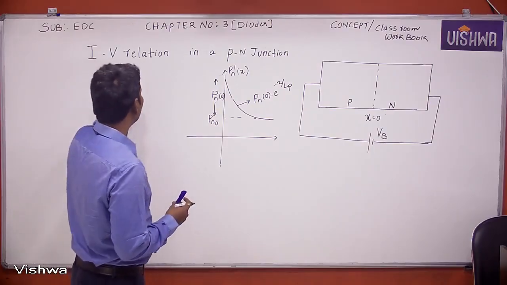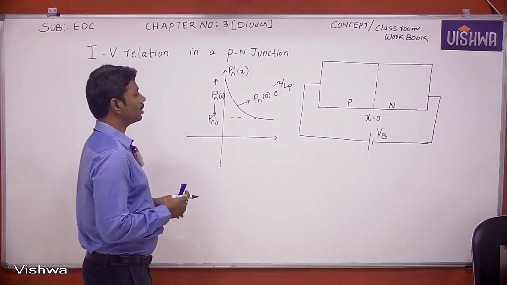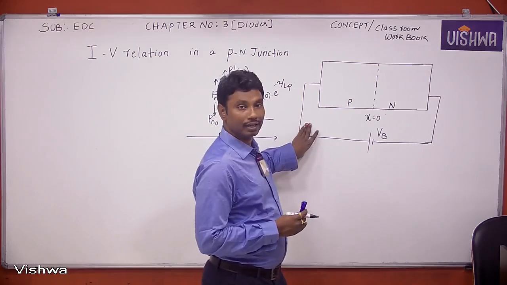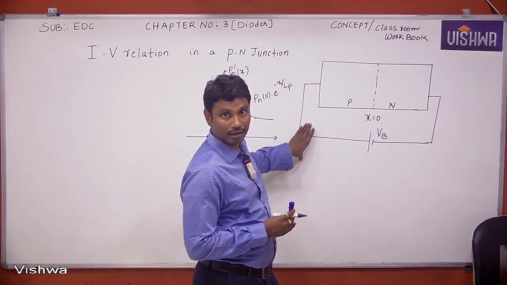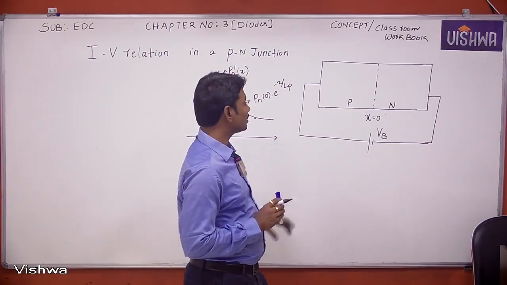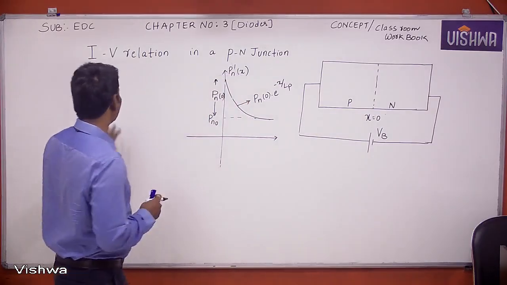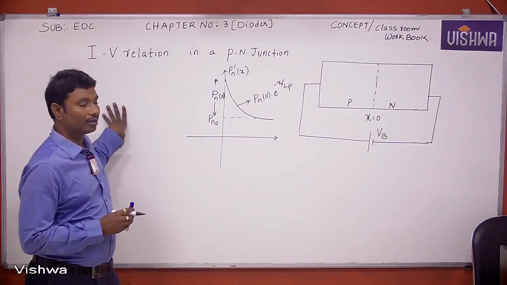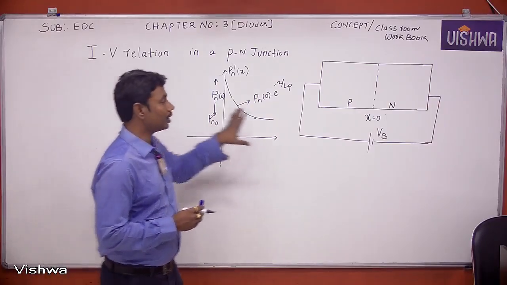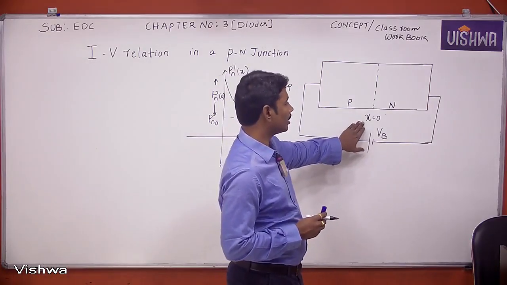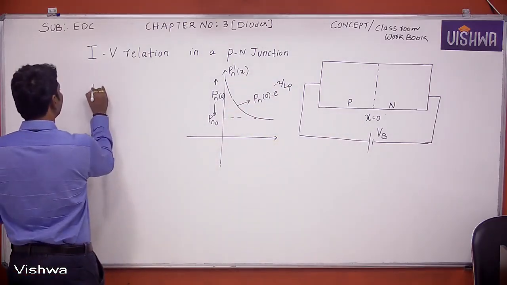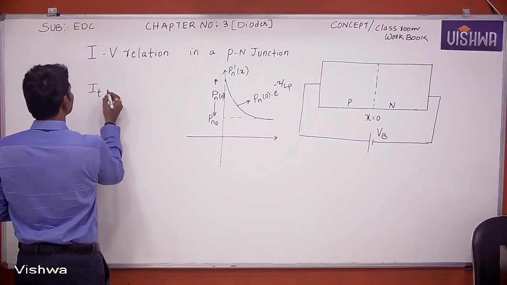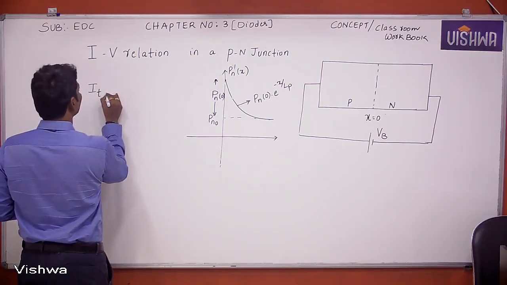To compute this IV relationship in a PN junction, first consider the PN junction is in forward bias. In forward bias, what is the total current? The total current at the junction is nothing but the sum of hole current and electron diffusion current.